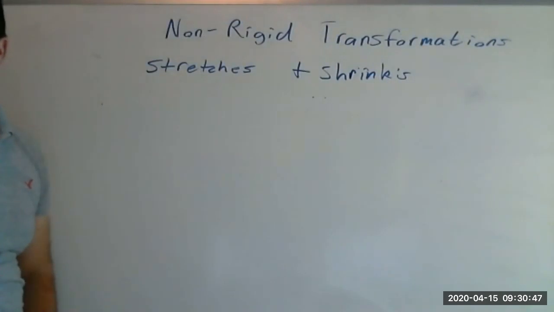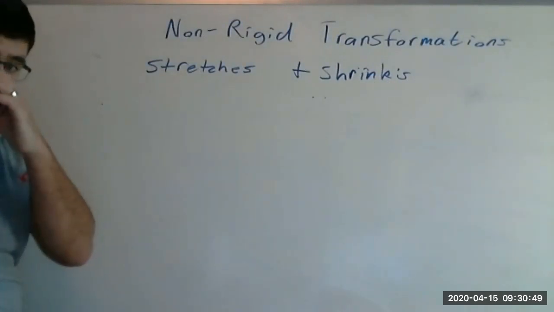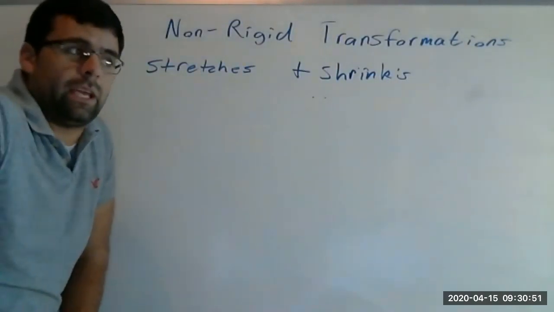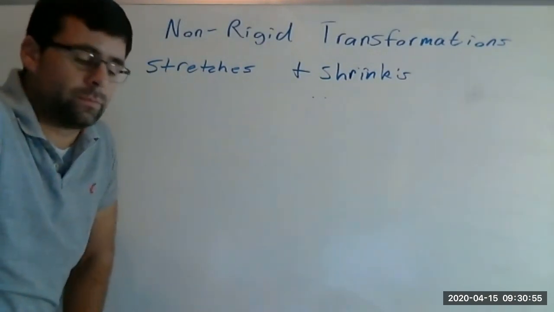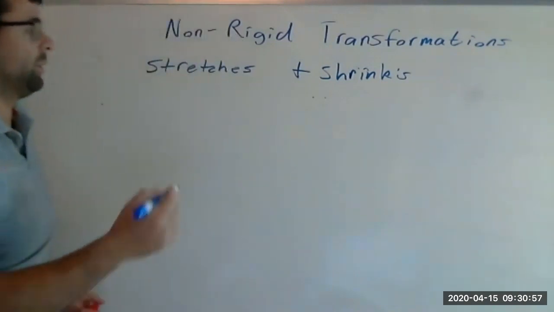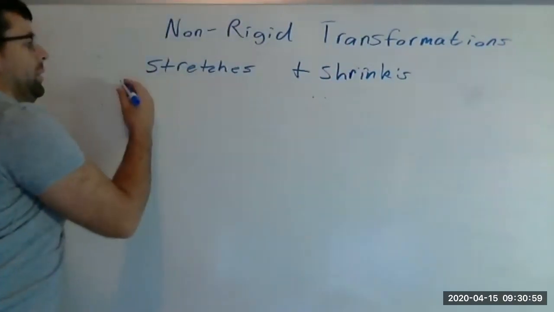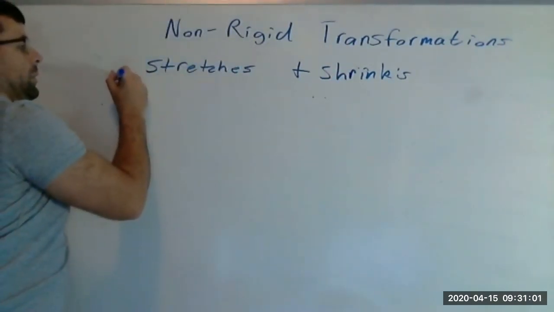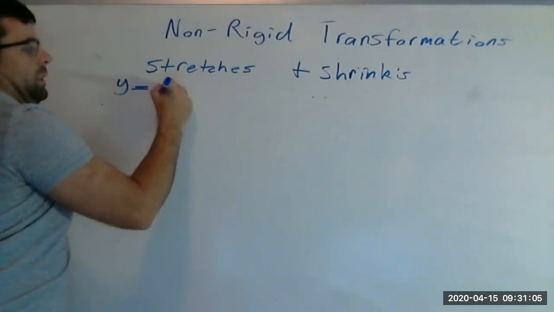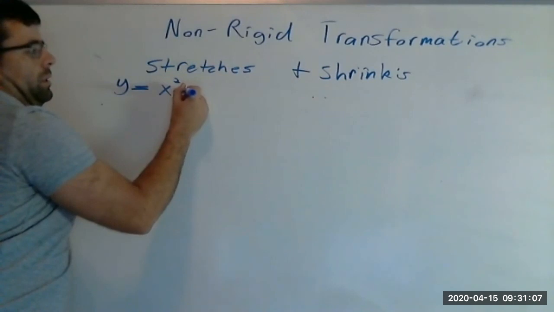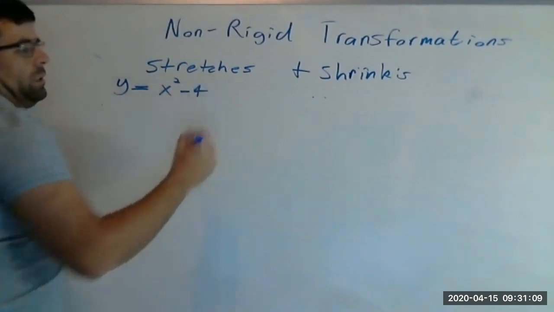All right. So somebody give me an example of something that they want to do to a graph. We'll start off, I guess I'll give you the graph y equals x squared minus 4.